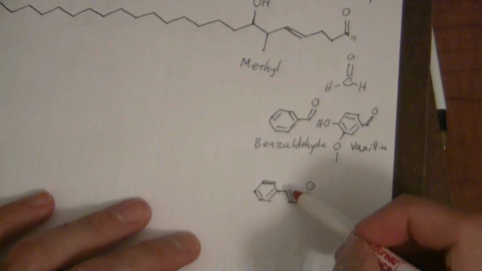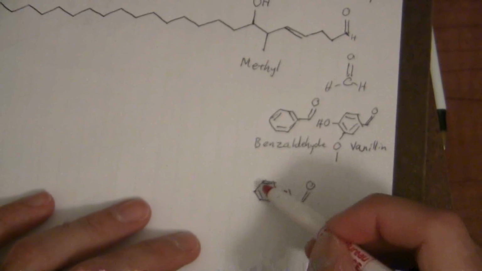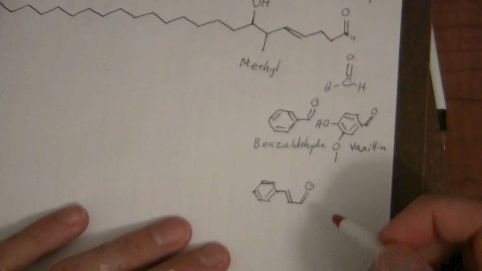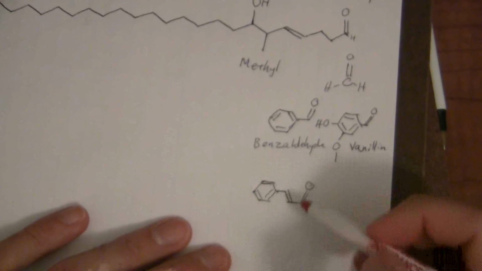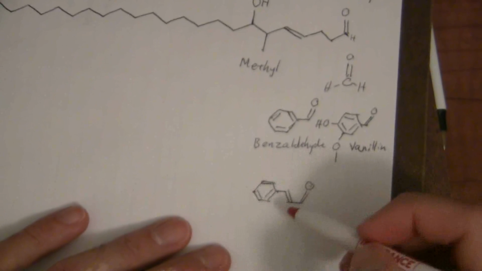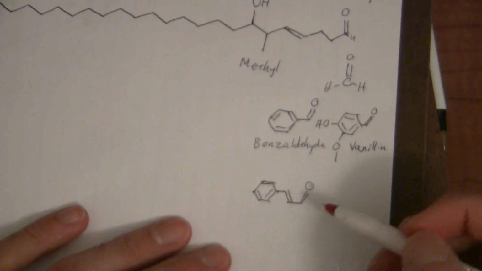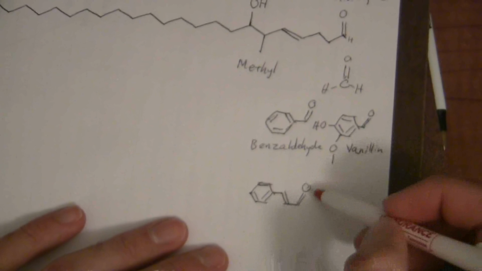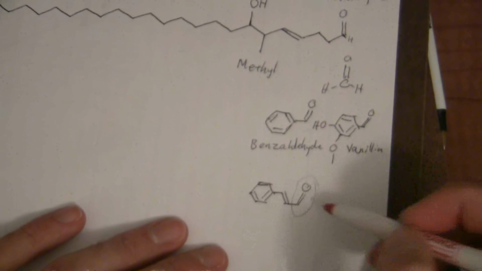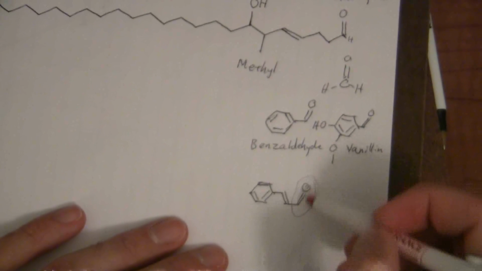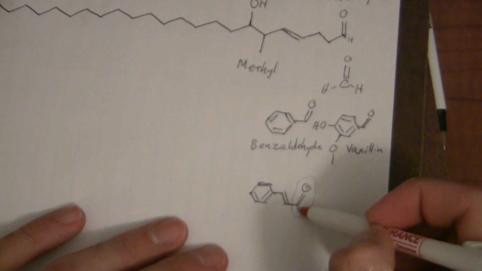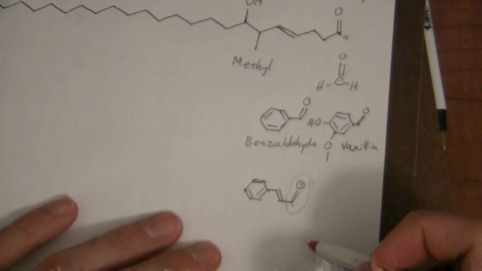It's quite often the case that you'll see a lot of double bonds in molecules of biological origin. That's not an uncommon characteristic. But here is our aldehyde group, a double bond to oxygen with a hydrogen on that carbon.